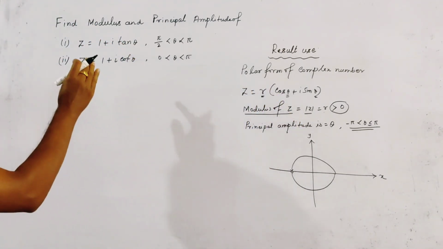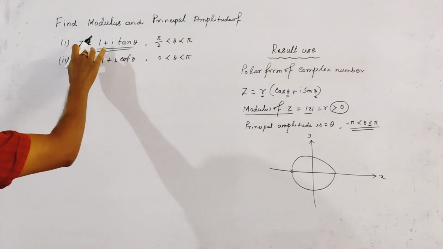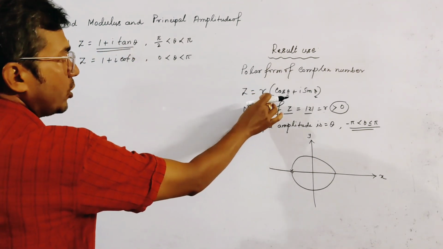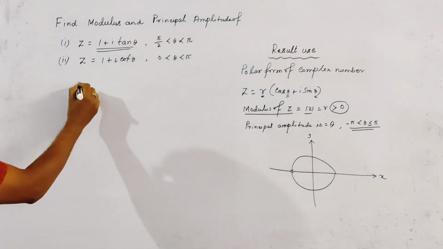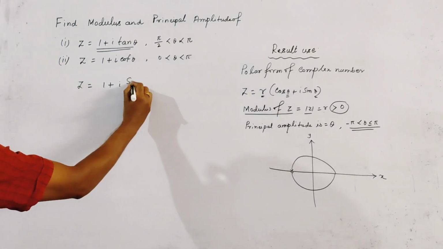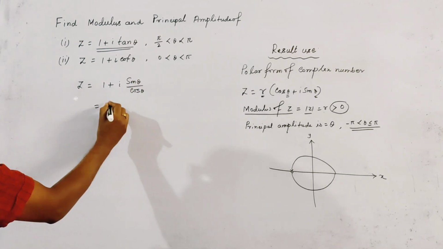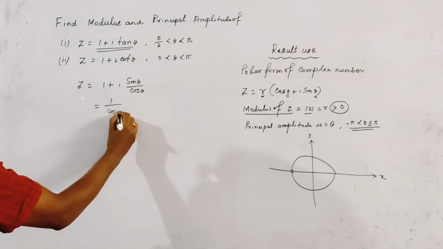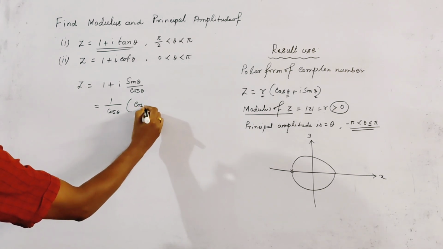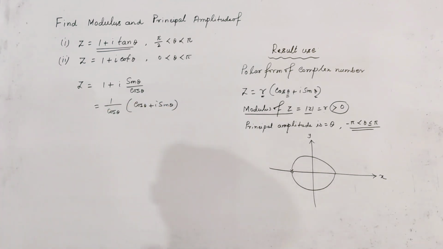Now we try to represent this complex number in the polar form. We write z equal to 1 plus i into sin theta by cos theta, and this is given by 1 by cos theta into cos theta plus i sin theta. Okay.